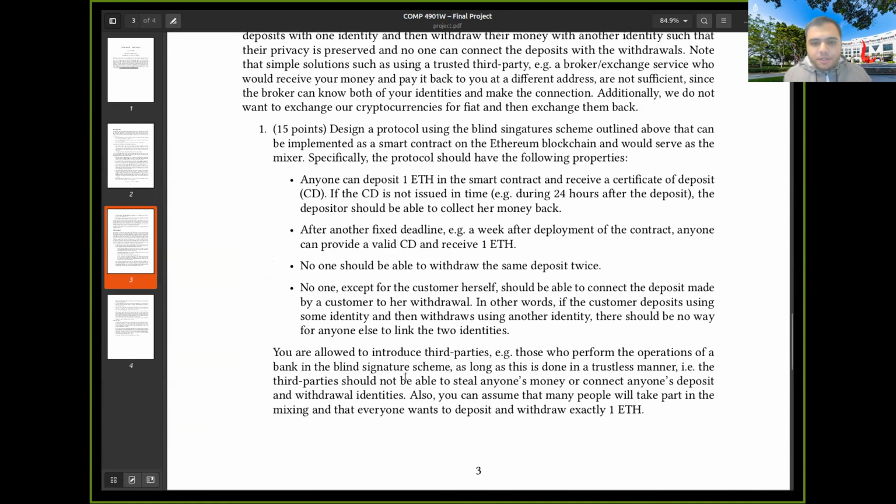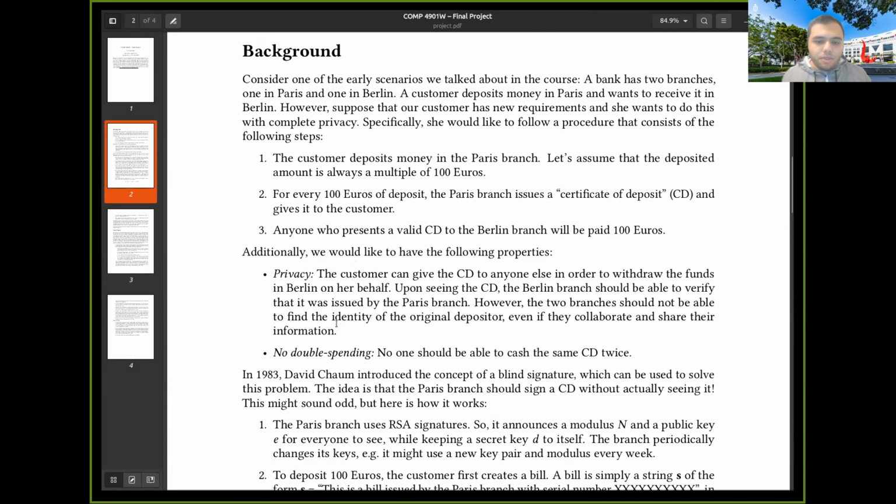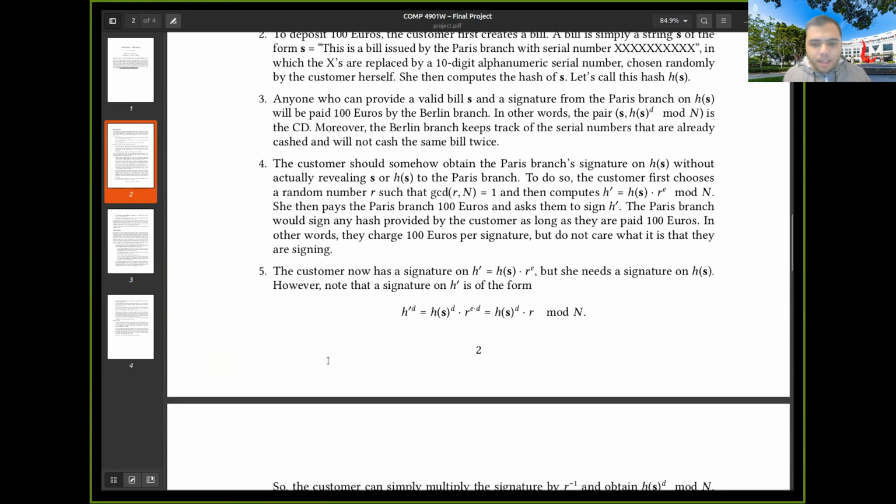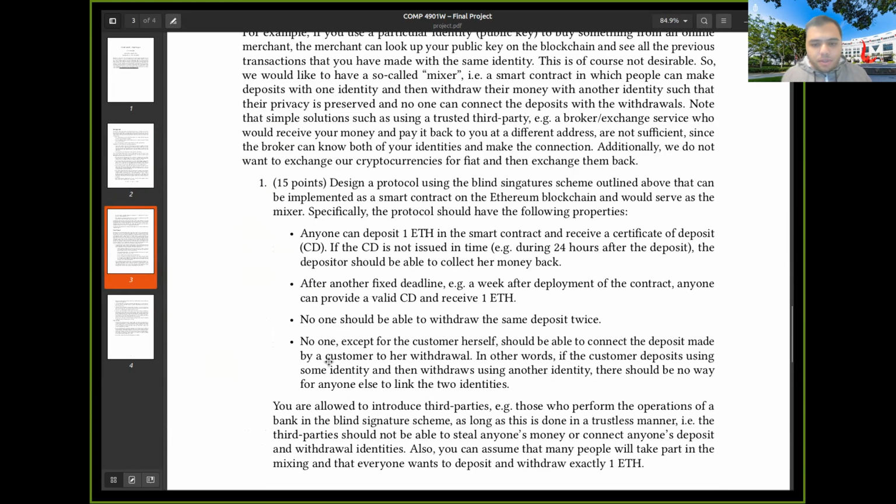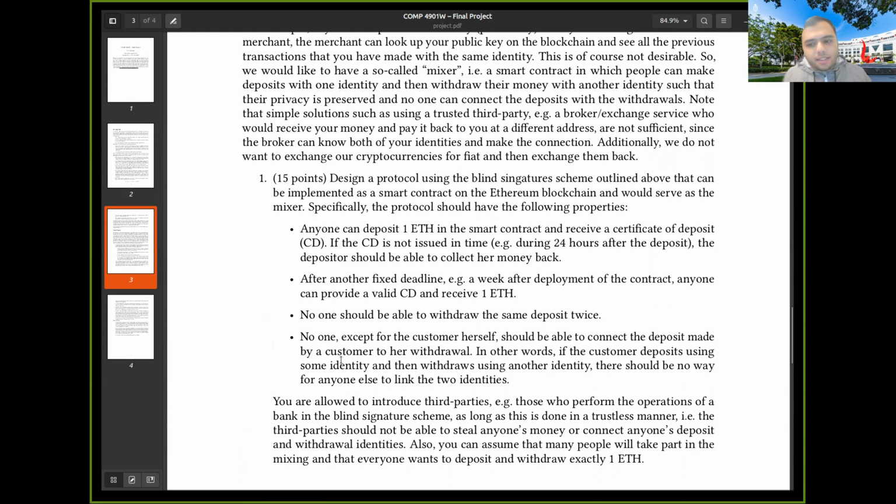Okay, so you have to make sure that your contract gives a bunch of guarantees. You have to make sure that no one is able to withdraw the same deposit twice. This is the same as saying you don't have double spending. And you also have to make sure that no one can de-anonymize the customer and link their identities together.